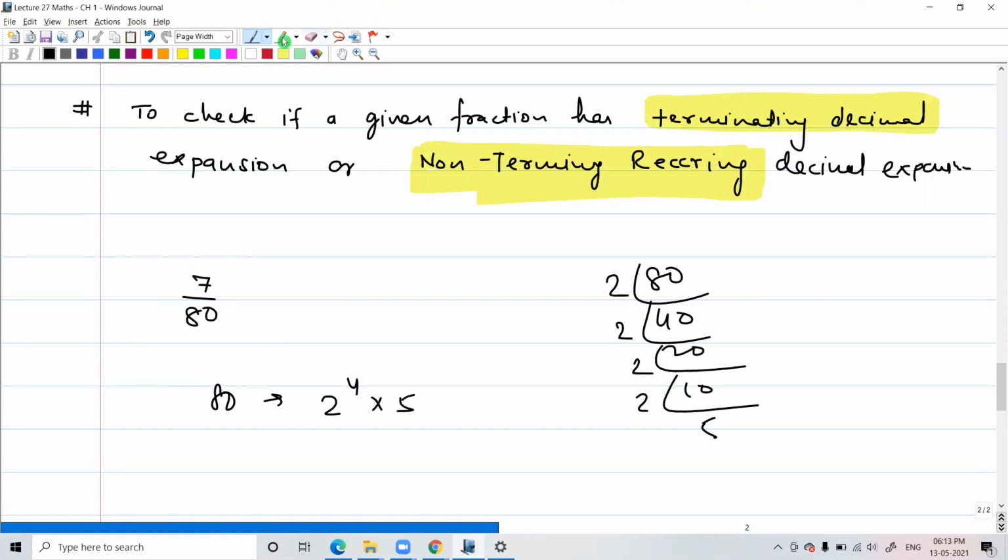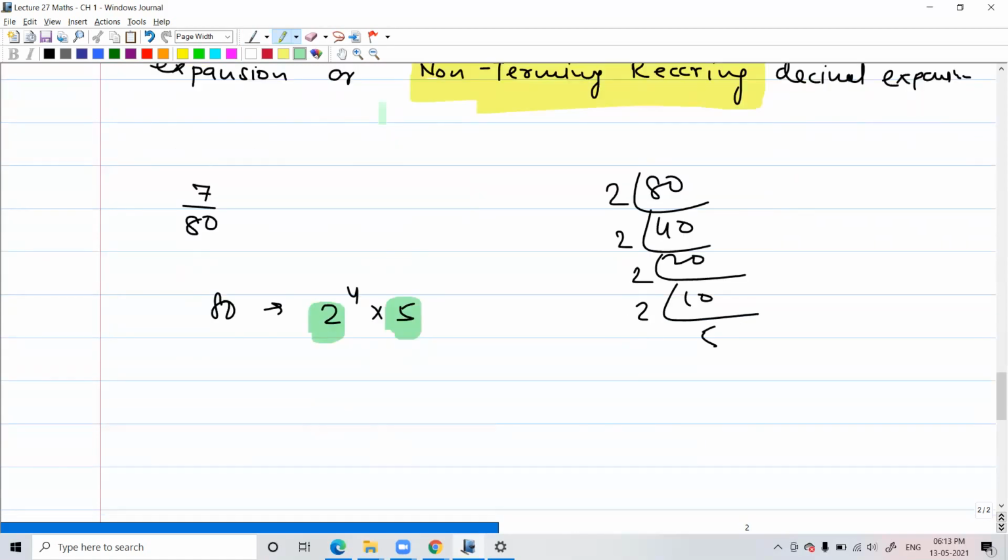Now, the only thing you need to check over here is the prime factors. What are the prime factors? If it is 2 here, okay. 5 here, okay. But if other than 2 and 5, any other number comes, then there is a problem. It will not be terminating.